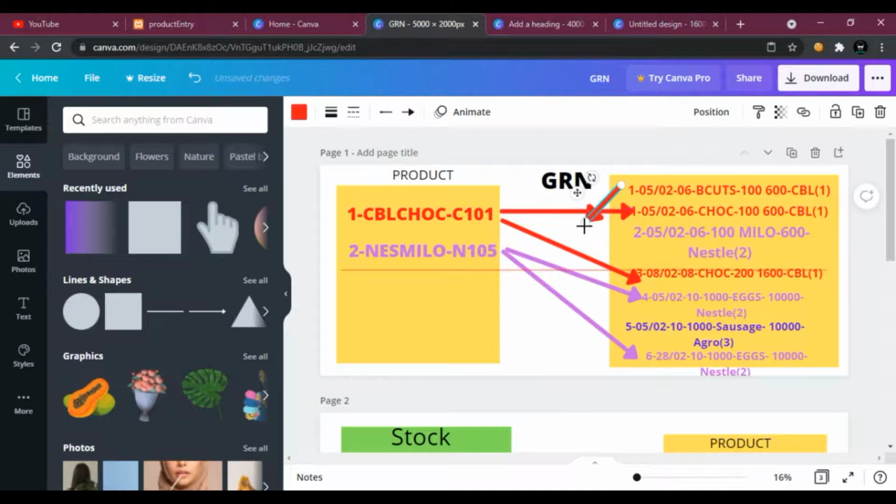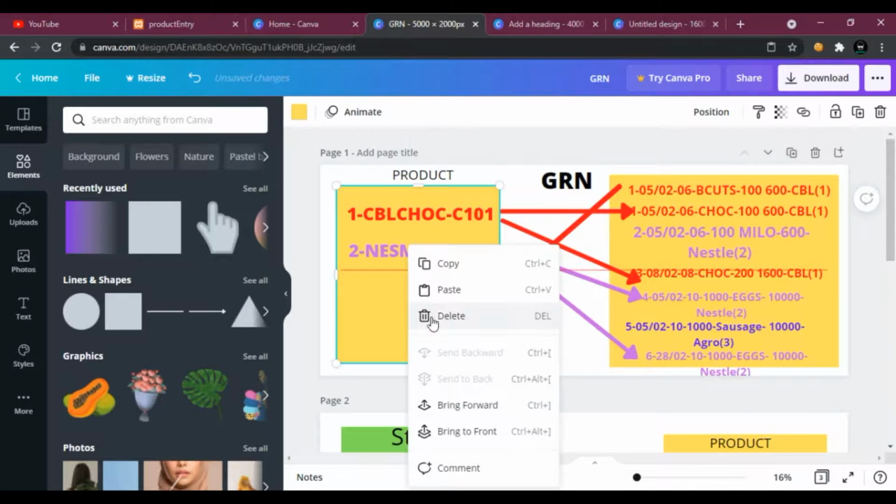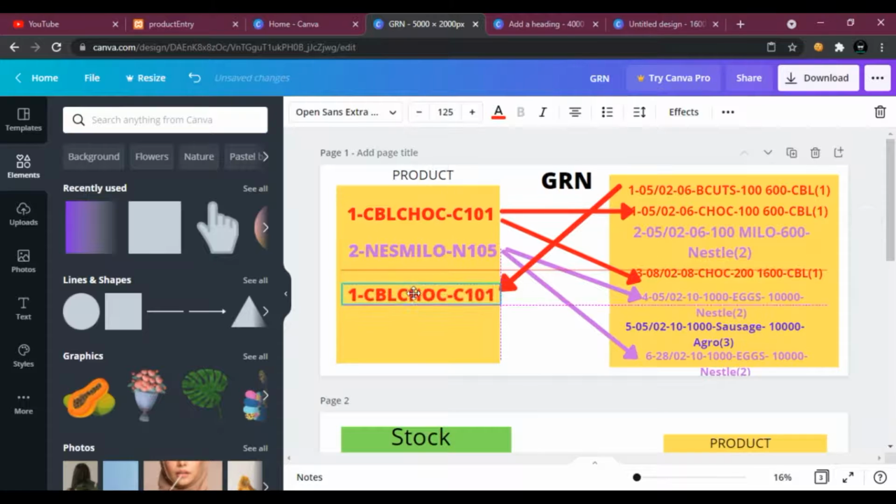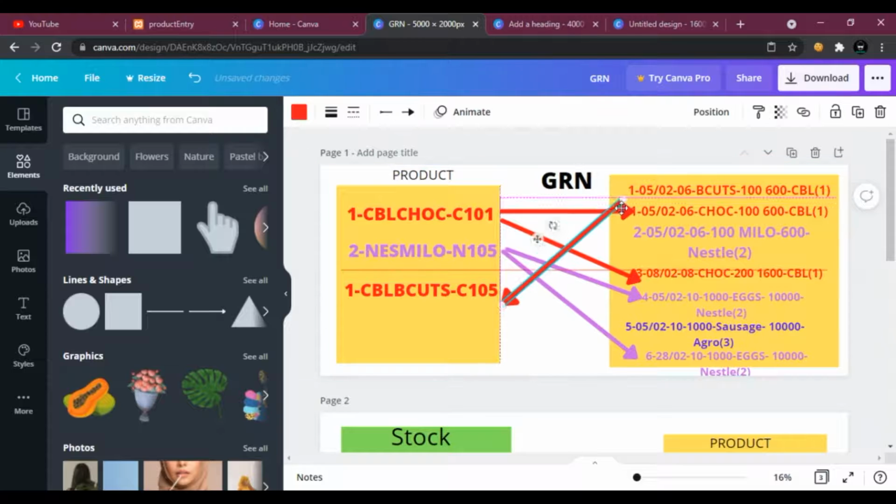Because this product cannot go to this one. This will go to a new product called CBL biscuits, and the product code would be a new code, like this.